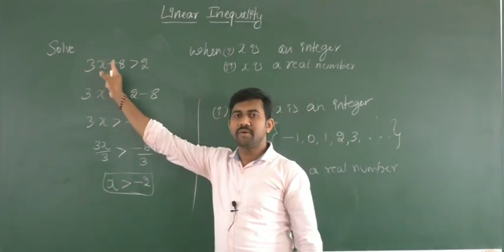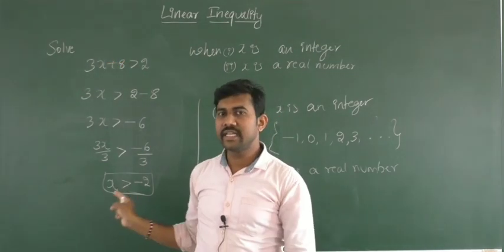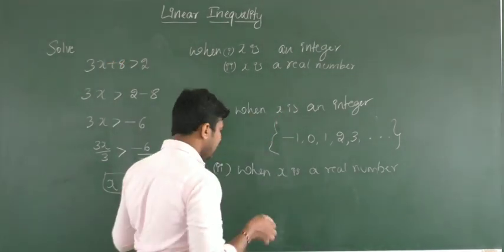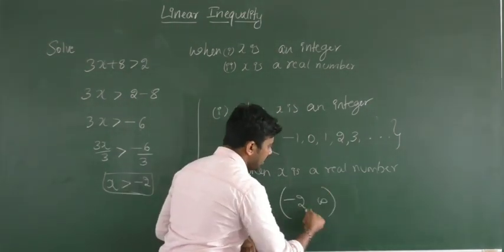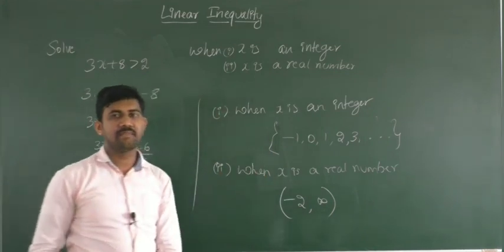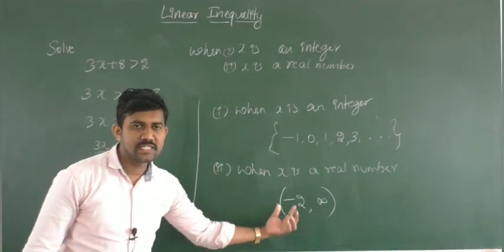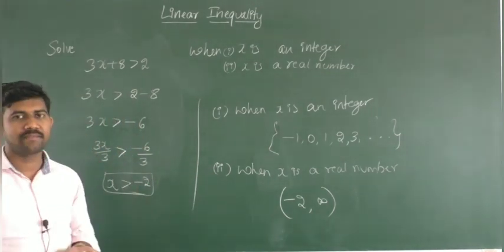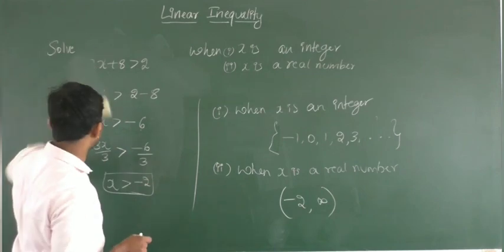When x is strictly greater than -2, not equal to -2, till infinity we will get the open interval -2 to infinity, open at -2, because -2 is not included.